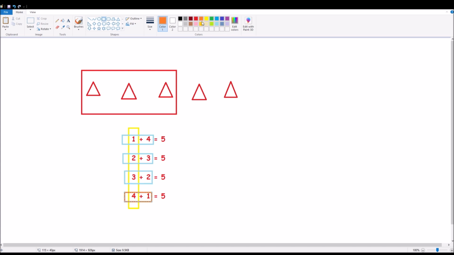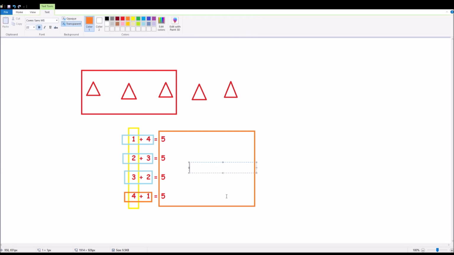Even though we still got the answer of 5 for all of them, that just means that 5 is the total. But 5 is not even. Instead, what is it? It's an odd number.